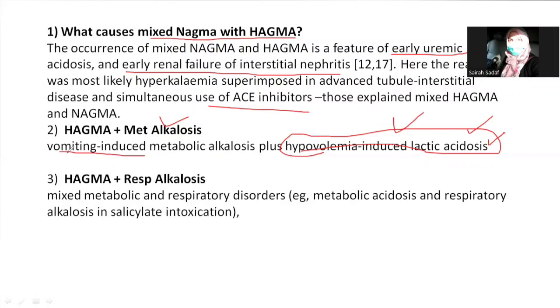But because of excessive vomiting there will be loss of chloride and bicarb from the stomach, so it will lead to metabolic alkalosis as well. So the patient will have high anion gap metabolic acidosis and metabolic alkalosis as well. Two things at the same time. Now did you get it or not?